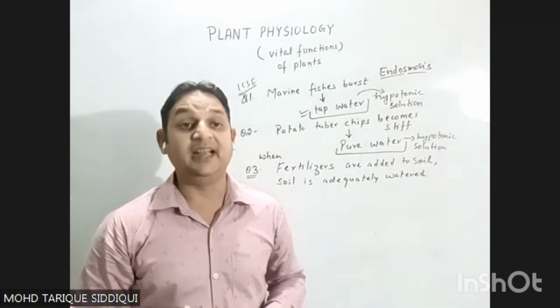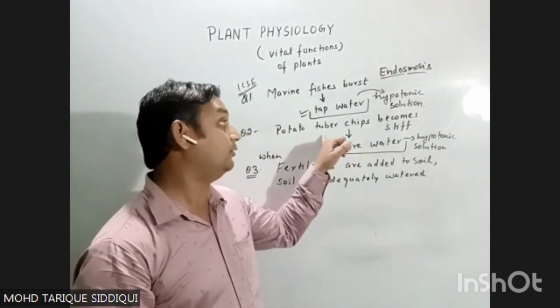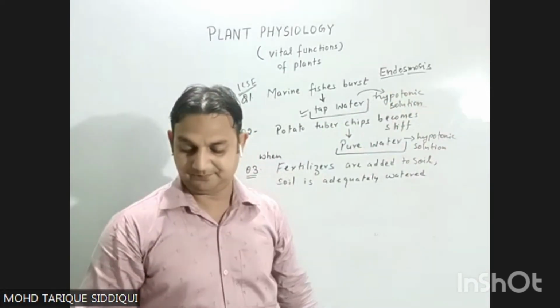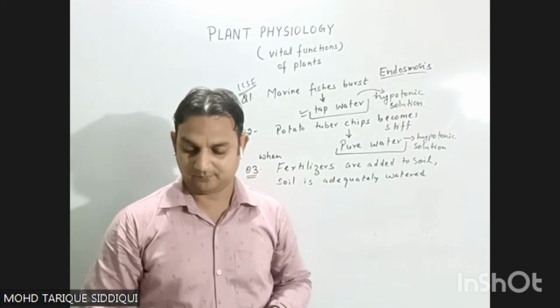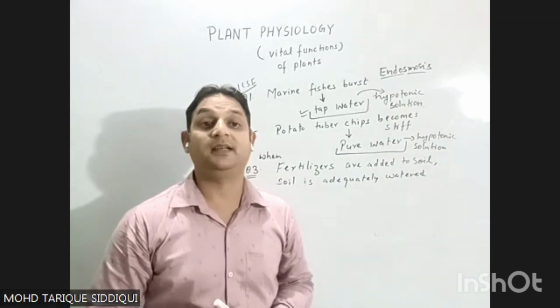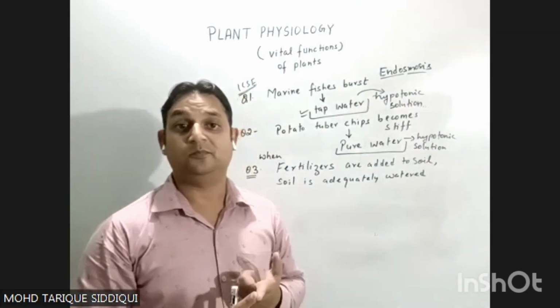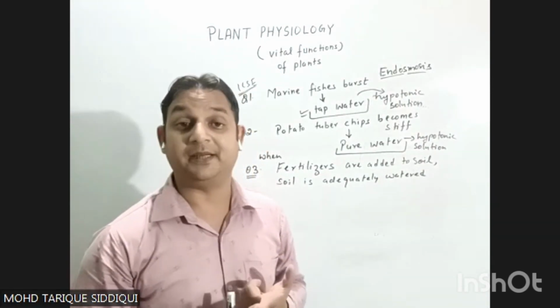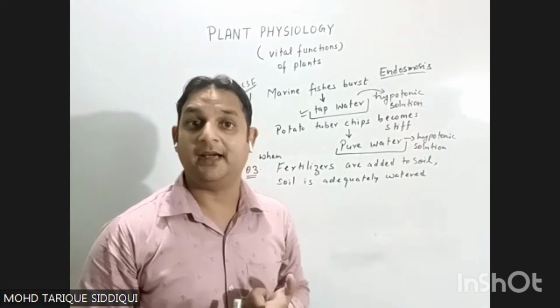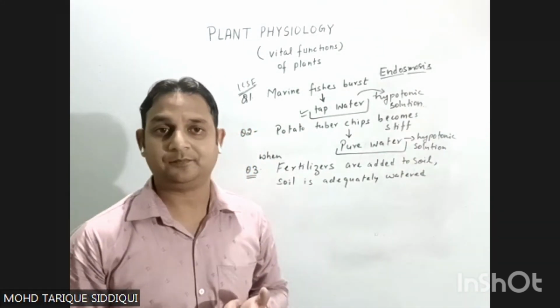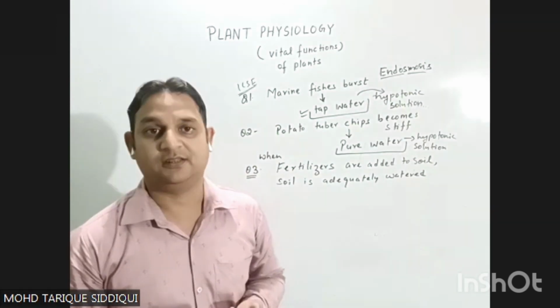Therefore, it enters into the potato tuber chips by endosmosis and develops turgor pressure. So potato tuber chips become turgid and stiff. Got it, clear?